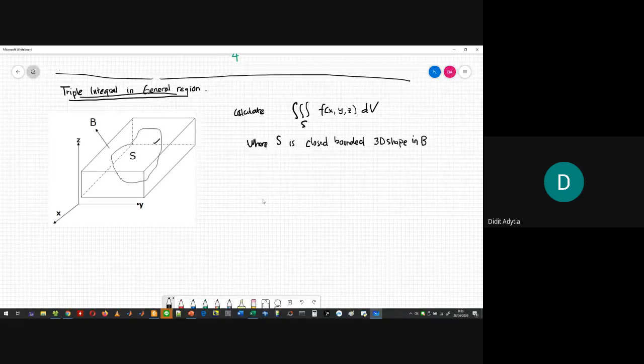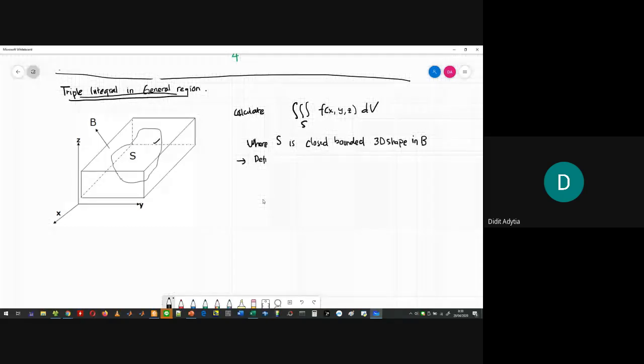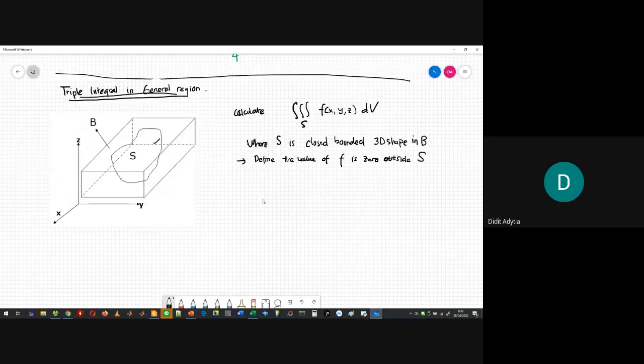Okay, so we assume, okay, we define the value of f is 0 outside S. Okay, jadi value dari f itu 0 di luar dari S. Okay, now contohnya yang ini.